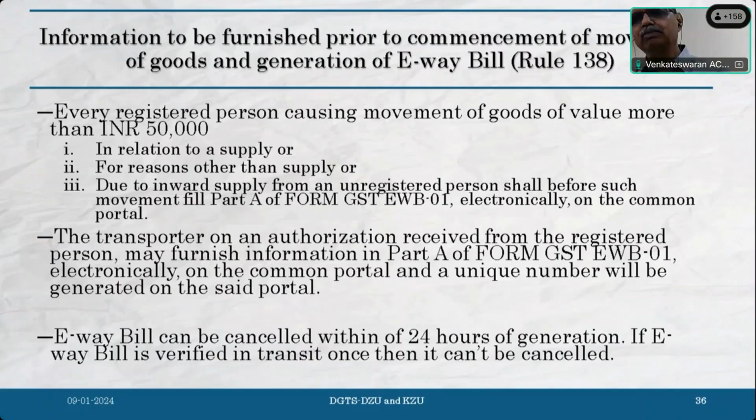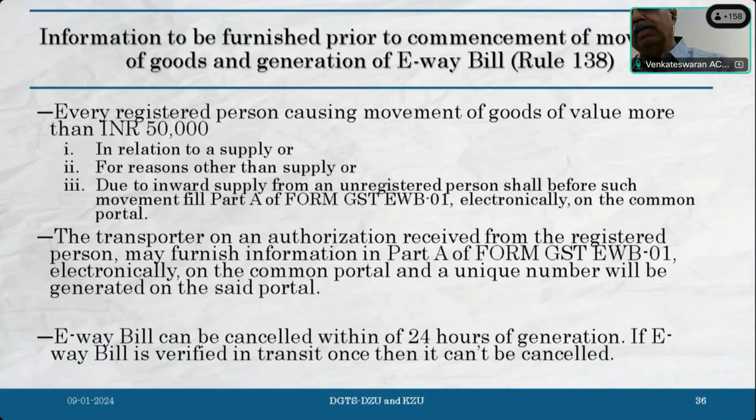That's why umpteen notices or explanations are being called for from trade and industry: why the tax liability should not be determined or ITC should not be disallowed because of non-compliance with the provisions of e-way bill for inward and outward supply.